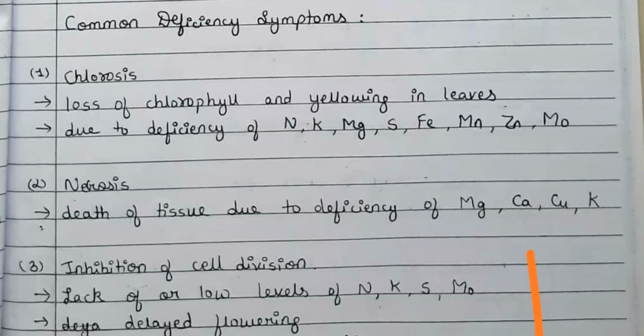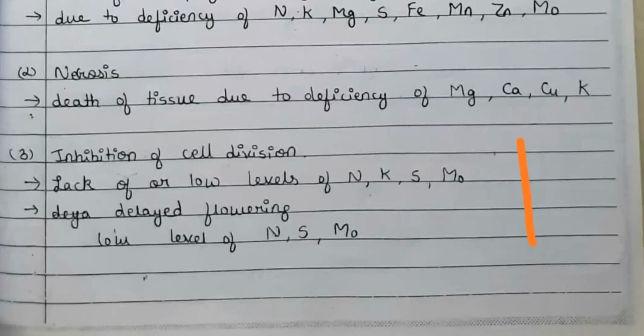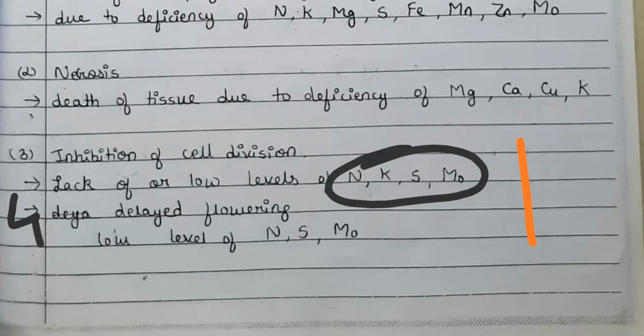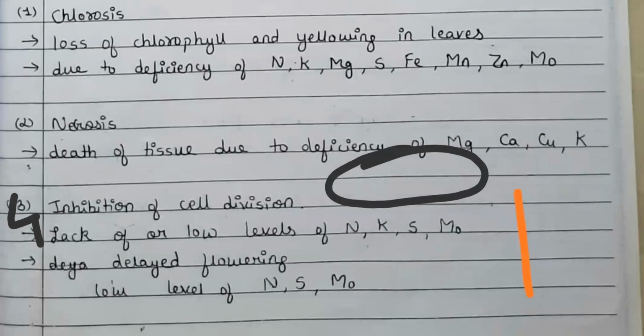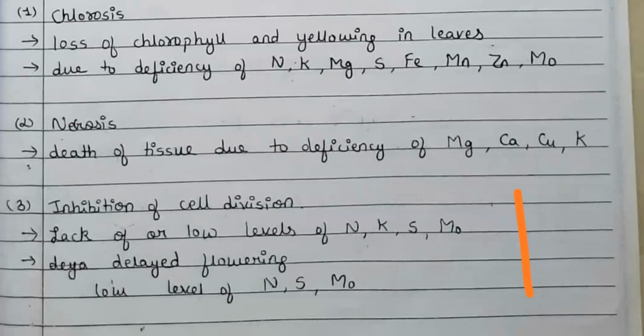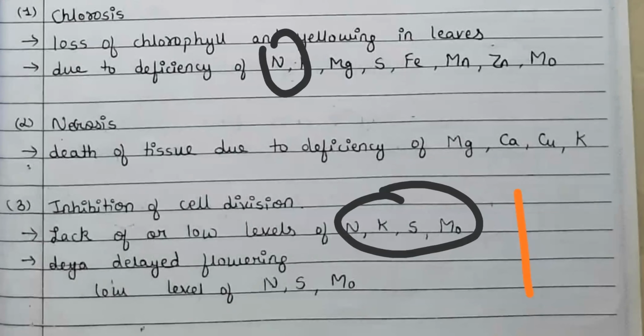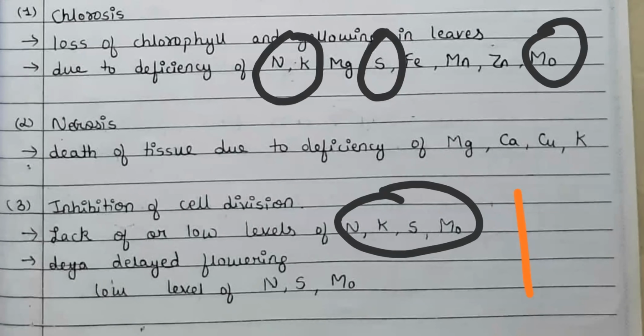Next, the third one, inhibition of cell division. In that, lack or low level of NKSMo: nitrogen, potassium, sulfur, molybdenum.